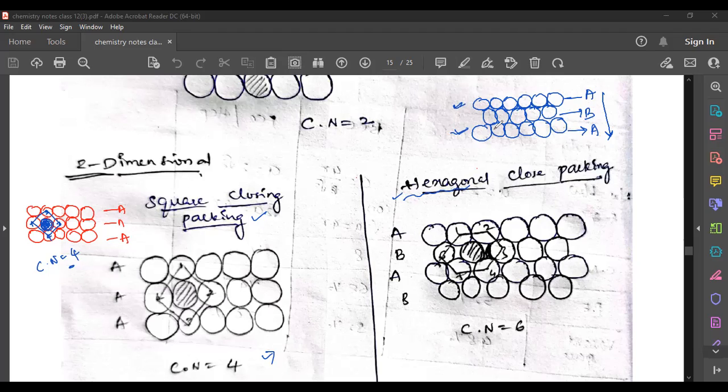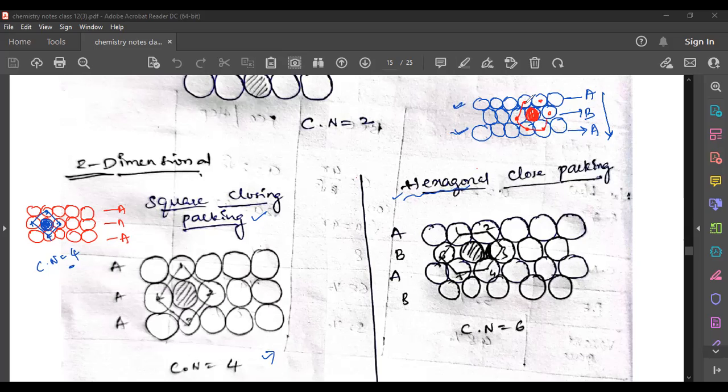Yes, sir. Then suppose you have taken one atom here, like this atom we have taken here. Now tell me, how many atoms are attached directly to this? How many atoms are in direct contact with this? One, two, three, four, five, six.